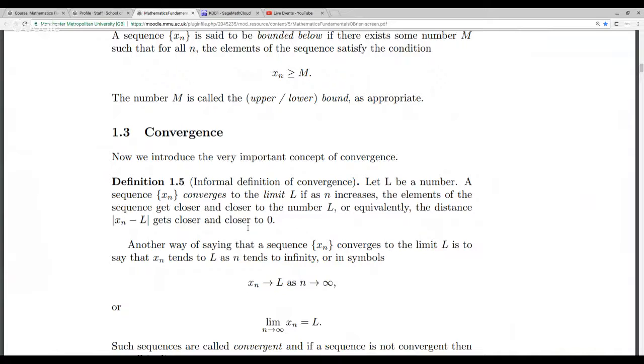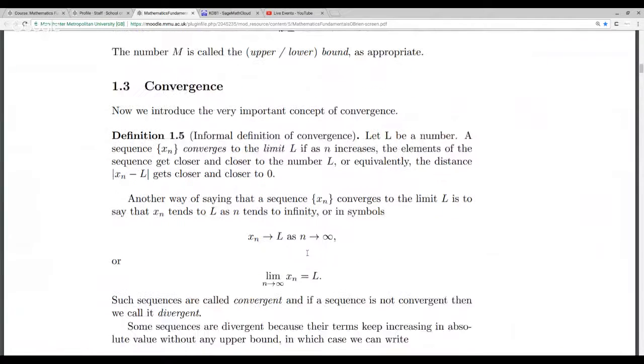As you look further out along the sequence, x_1, x_2, x_3, x_4, x_5, etc., if you observe the elements continuing to get closer and closer to some final limiting value L, then we say it converges to L.